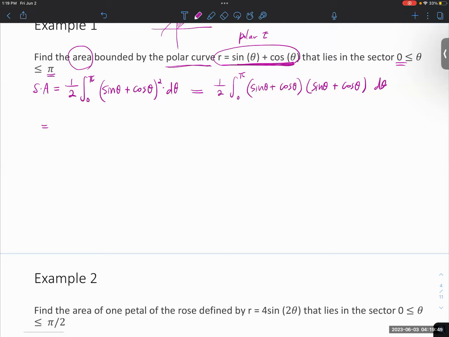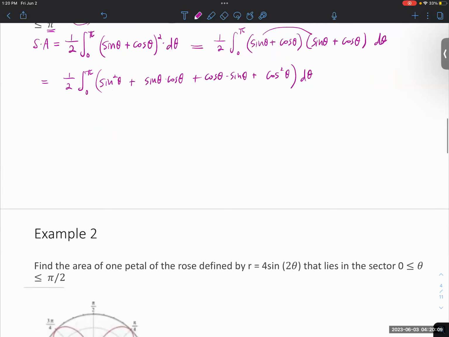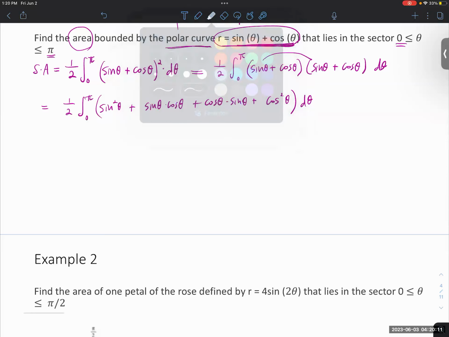So that would be 1/2, 0 to pi, sine squared theta, and we have a sine theta cosine theta, and then there is cosine theta sine theta, cosine squared theta, d theta. Ooh, what do you guys see? Sine squared theta plus cosine squared theta is going to be 1. And then you can combine like terms.